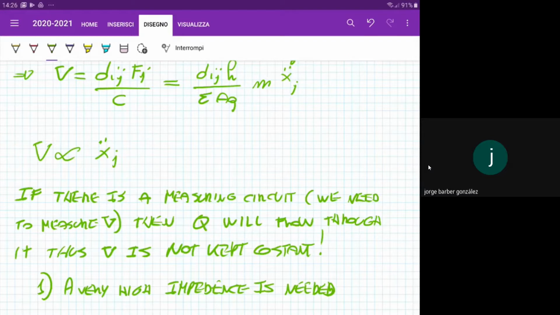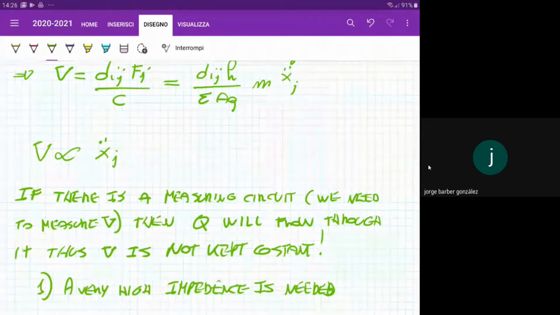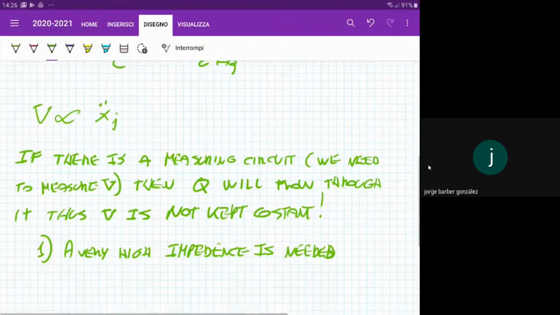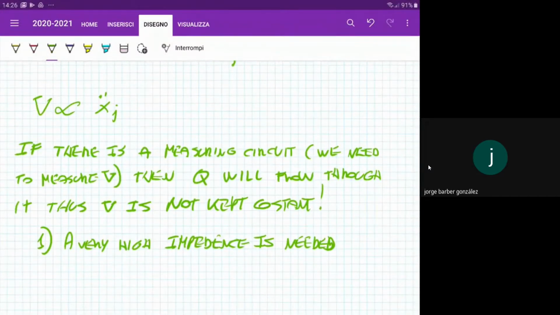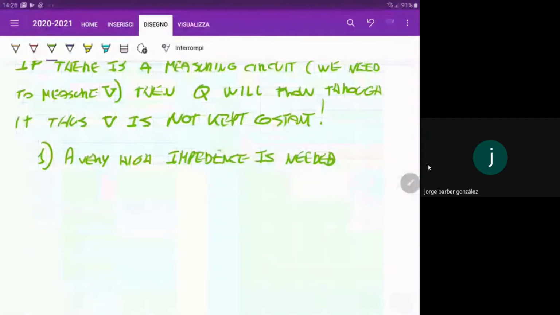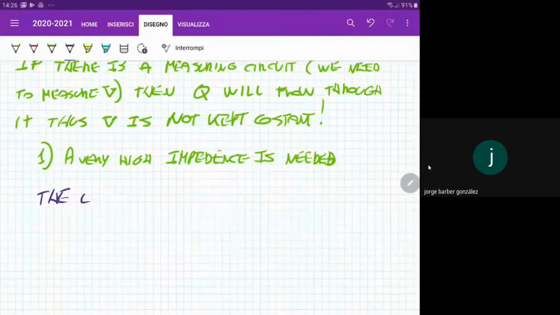As a matter of fact, the most important parameters that we have to take into account in taking the acceleration measurement are the capacitor and the resistance of the connecting cable, of the amplifier that is there, and of course the capacity and resistance that are intrinsic properties of the piezoelectric crystal.